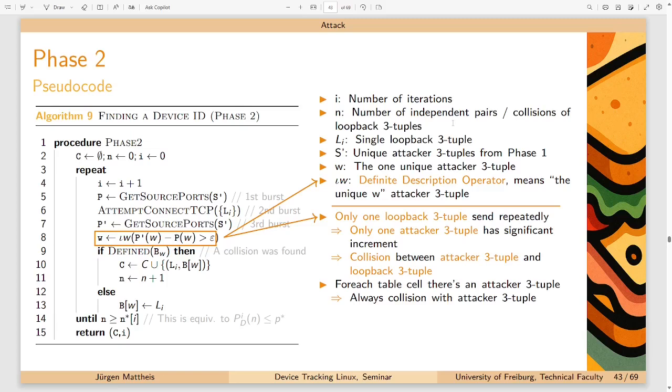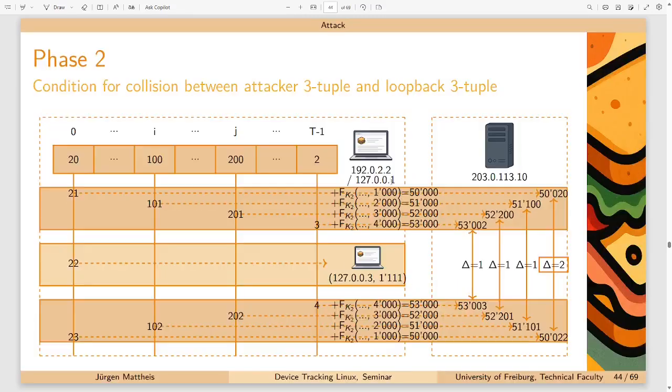And here's a complicated condition to determine that, with what you see as basically the definitive description operator, which means a unique attacker free tuple that satisfies that, and that can only be 1. But I'm going to explain it in a more intuitive way in the next slide.